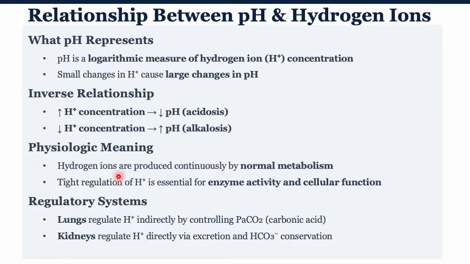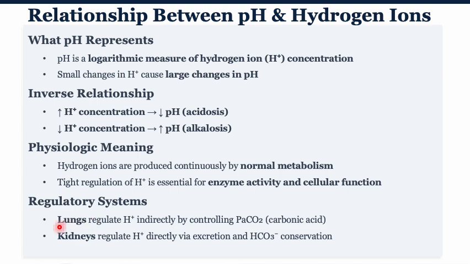Hydrogen ions are produced continuously by normal metabolism. There's a tight regulation of hydrogen. Again, this is essential for enzyme activity as well as cellular function.